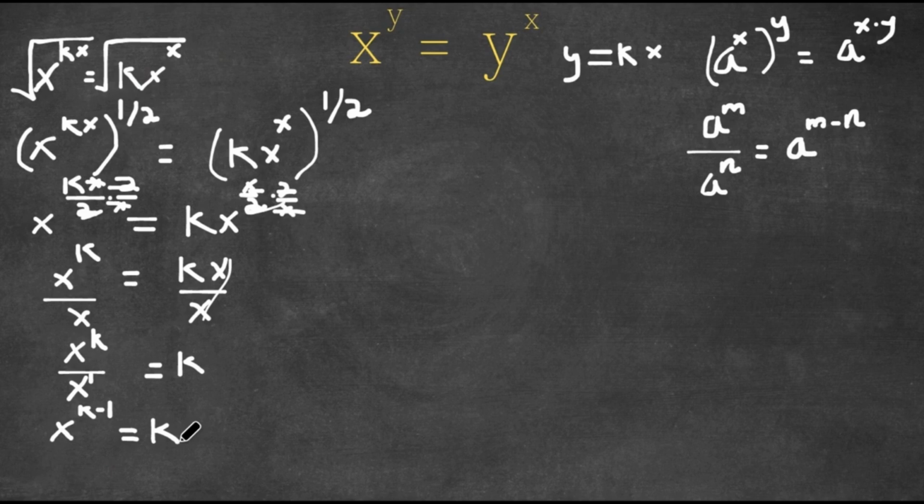Now I'm going to take the power of 1 over k minus 1 on both sides. So by doing that, this would cancel out, and over here we'd have k to the power of 1 over k minus 1.